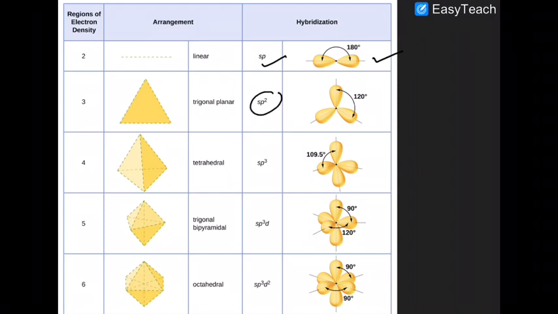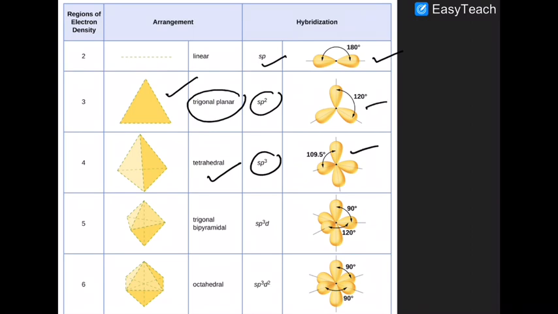If it is sp2, it is trigonal planar, perfect shape. If it is sp3, it is tetrahedral, perfect shape. So all these bond angles must be known to you. If it is sp3d, that is trigonal bipyramidal. And if it is sp3d2, then it should be perfect octahedral. So all these points must be known to you.